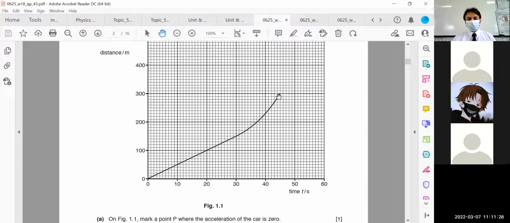In between this, average speed is what? Average speed is total distance upon total time, right? So distance, 300 divided by 45.